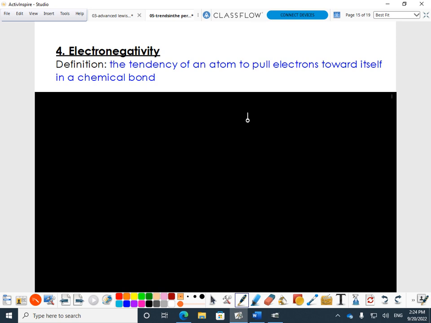So we'll revisit the definition, transferring, sharing electrons. Sometimes people will short form this to be electron greedy. If an atom is electron greedy, then it's going to steal the electrons towards its nucleus more often.